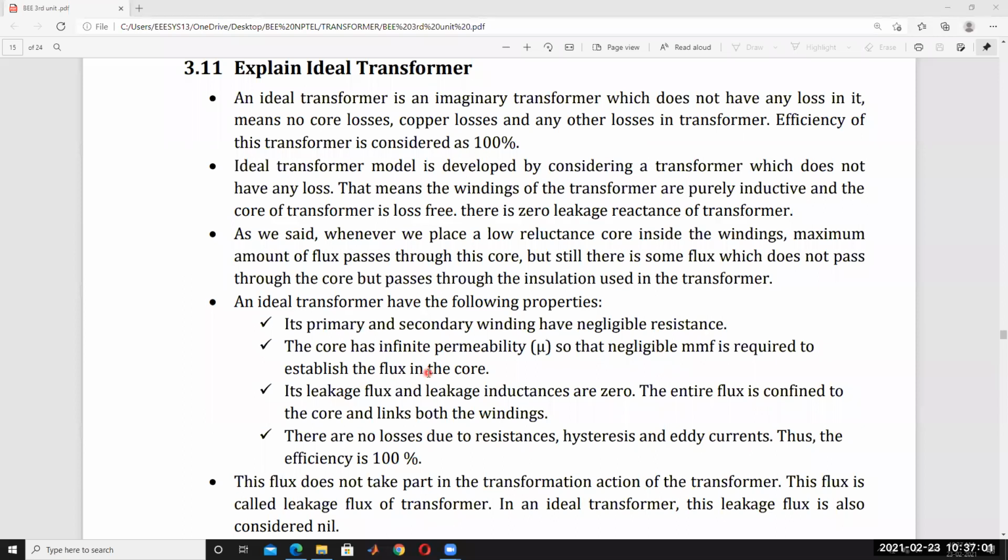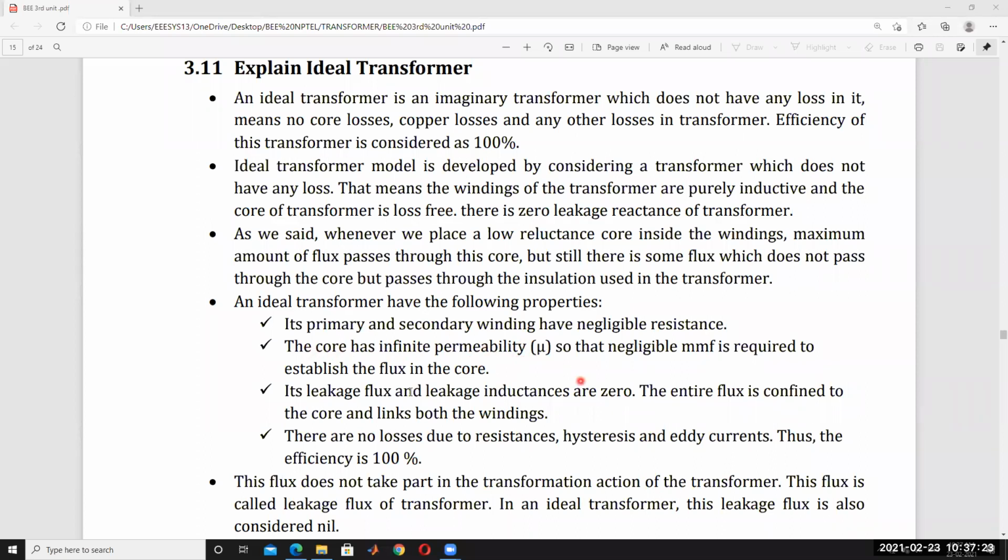But practically that is not possible; some excitation current is required. Ideally, though, negligible MMF is required to establish the flux in the core, because the core has infinite permeability.